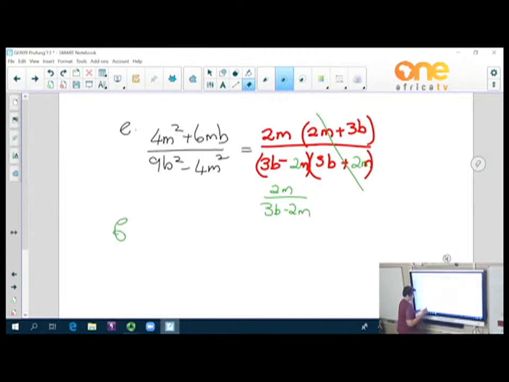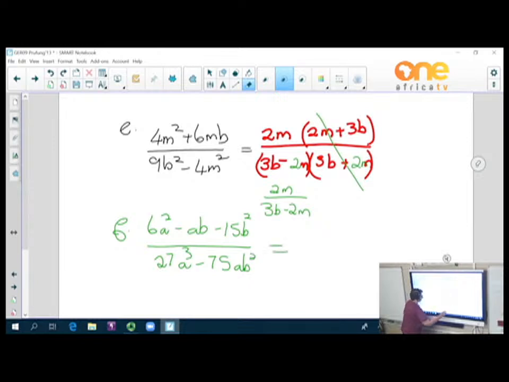Question F. 6a squared minus ab minus 15b squared. This looks like a trinomial. And then 27a cubed minus 75ab squared. So the top one is a trinomial, which we need to factorize. Now these ones were the tough cookies. So look again.